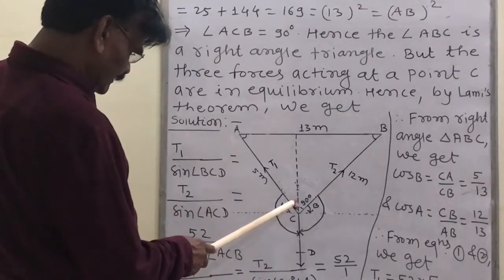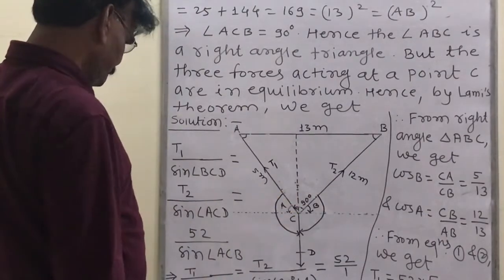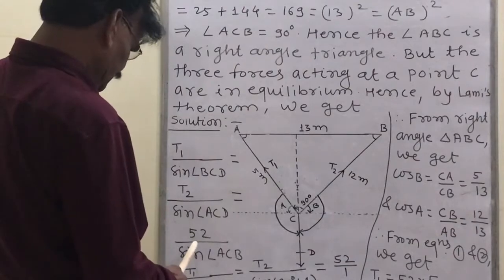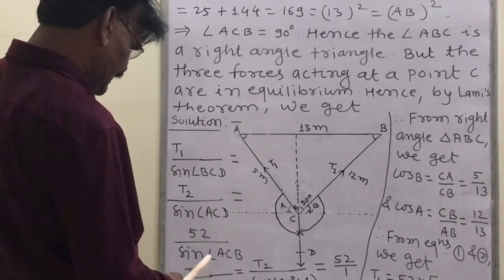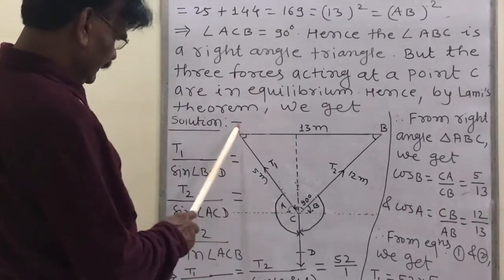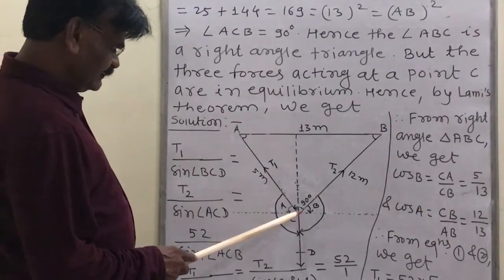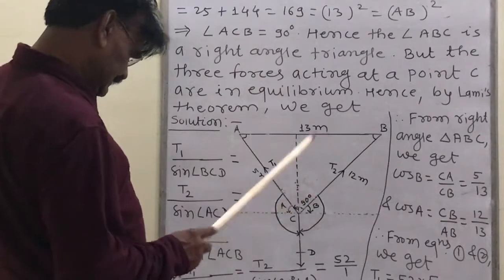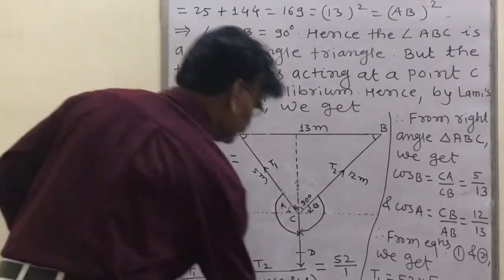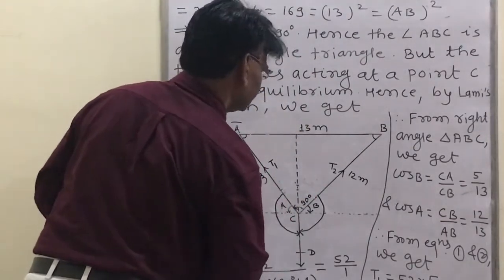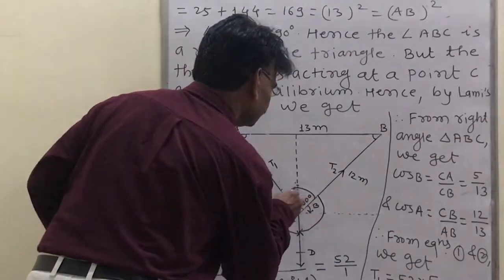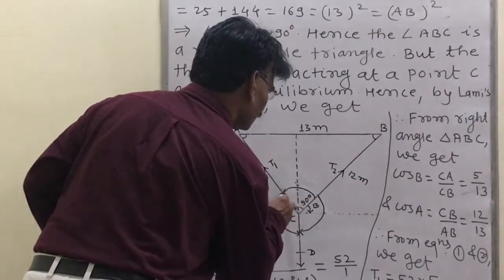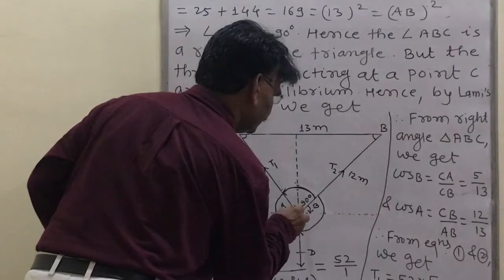And this is also a 90 degree, which is equal to 52 divided by sine angle ACB. ACB, that means this one. This complete angle from here to here is 90 degree.